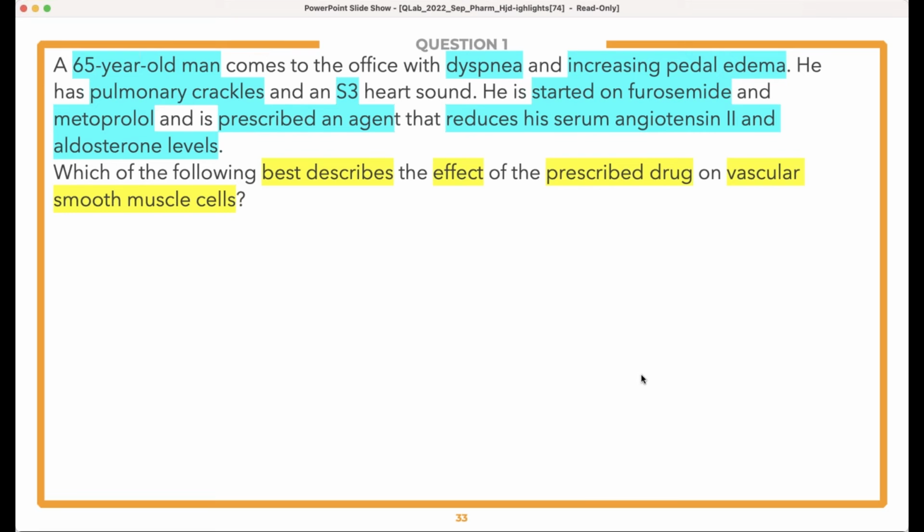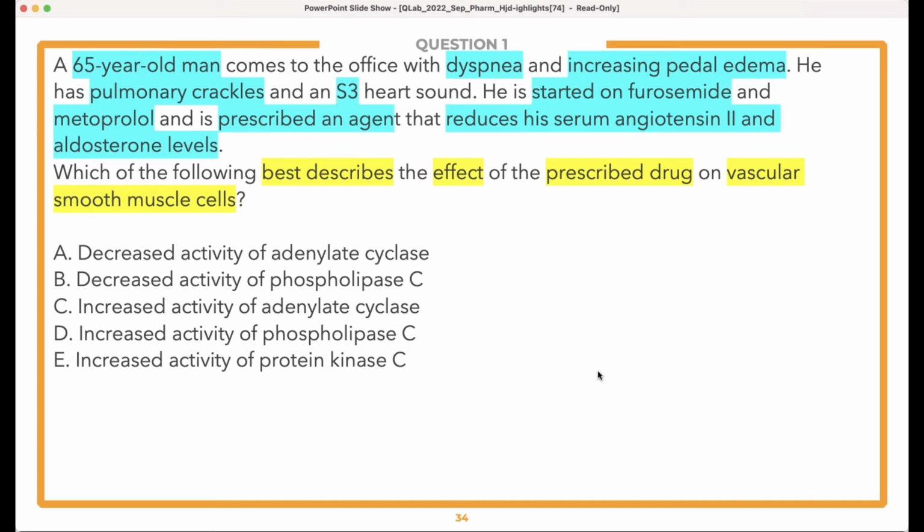So let's take a look at those answer choices. Answer choice E, increased activity of protein kinase C. D, increased activity of phospholipase C. C, increased activity of adenylate cyclase. B, decreased activity of phospholipase C. And A, decreased activity of adenylate cyclase.